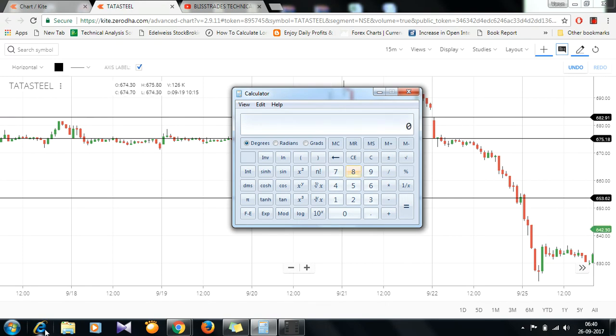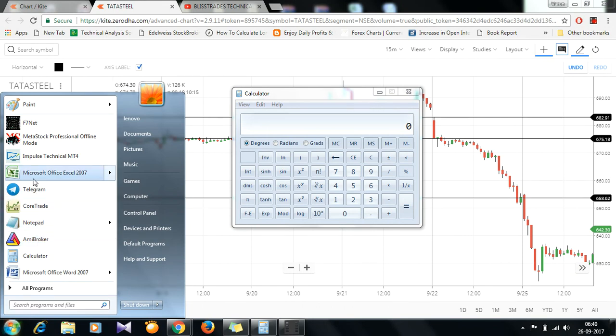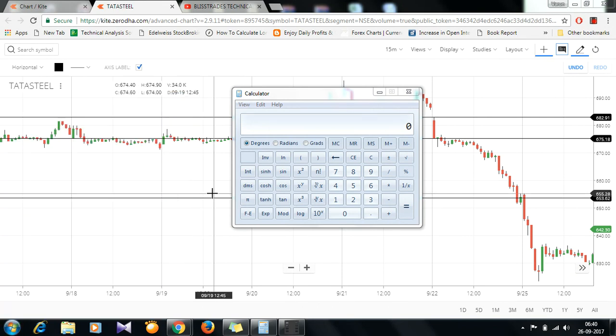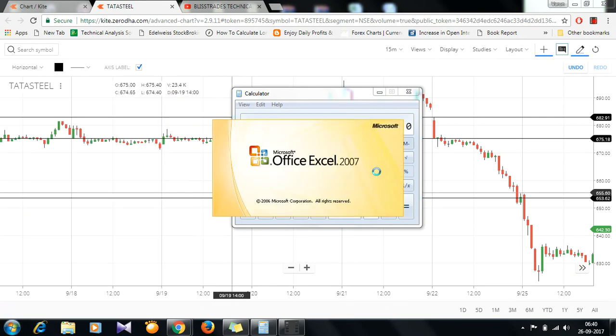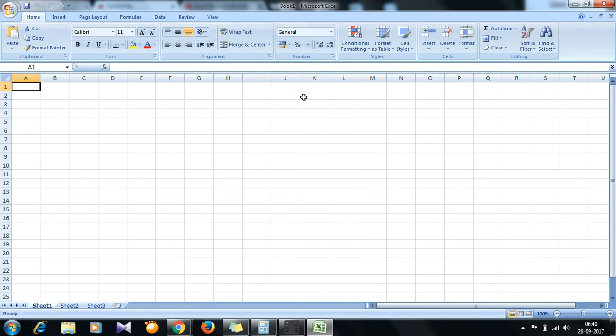I'll again try to explain this with Excel. I have 5 lakhs of capital. I will not trade the whole 5 lakhs of capital.